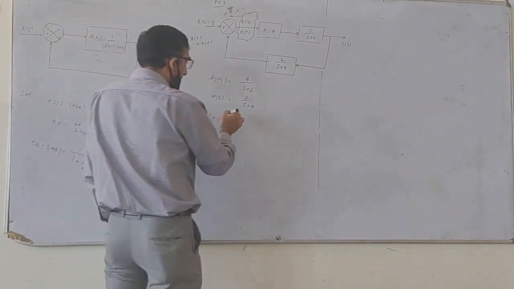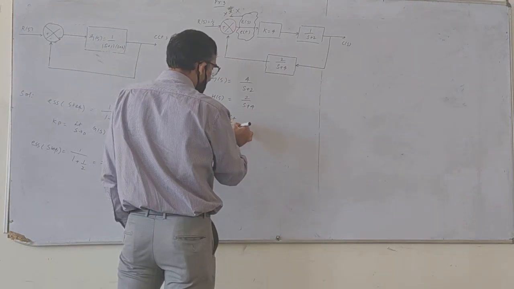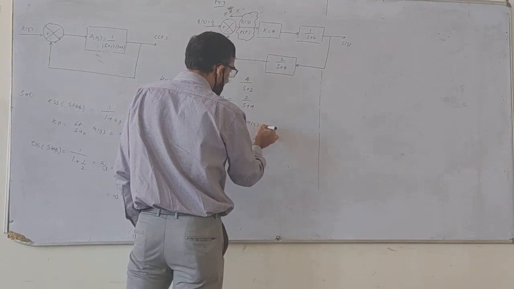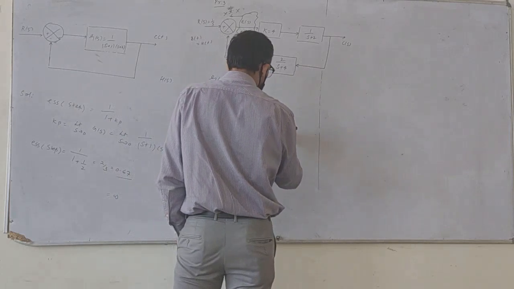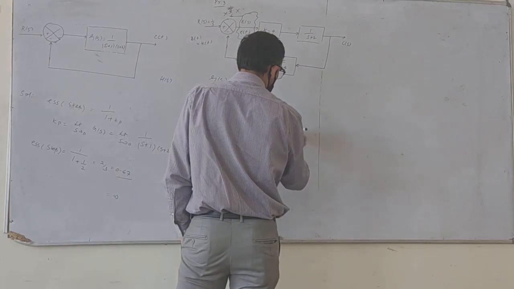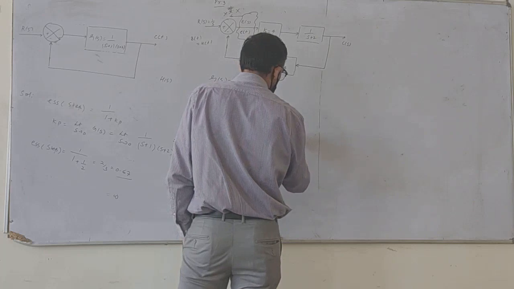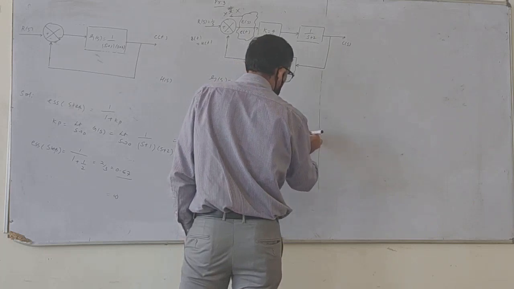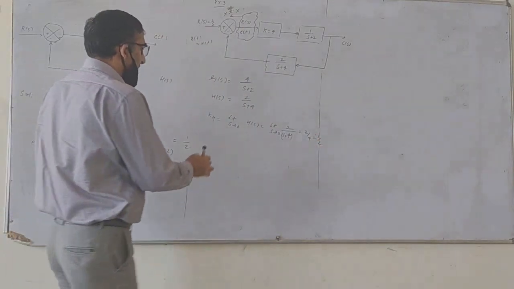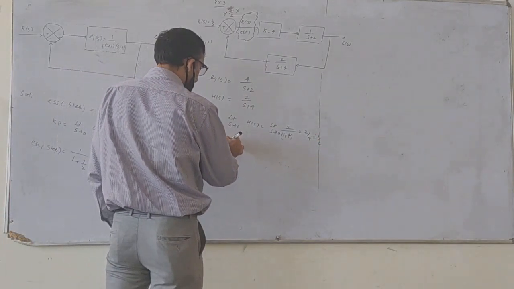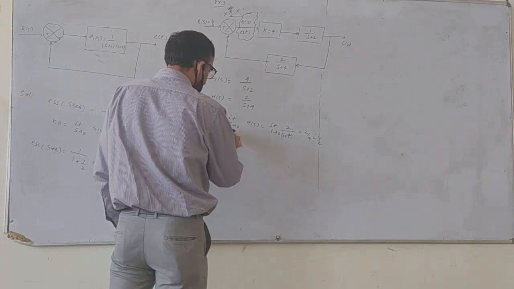I have already told you: limit s tends to 0 of H of s, that is 2 by 4, and that is 1 by 2. So kh is 1 by 2 in this case.